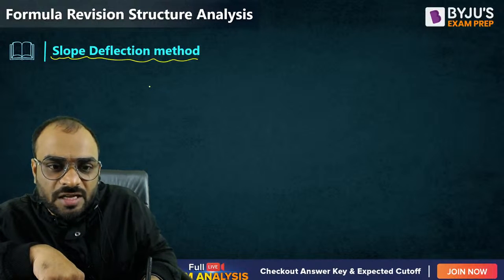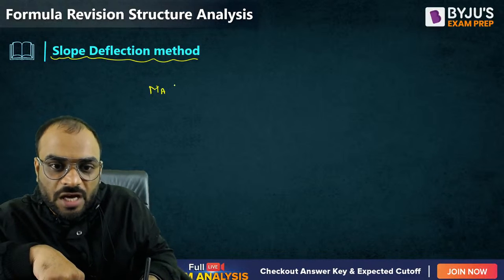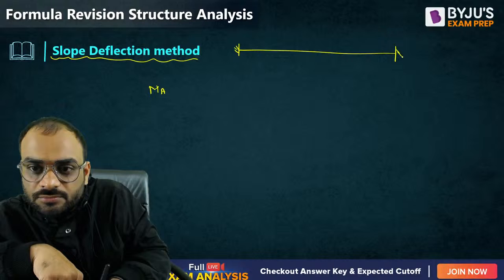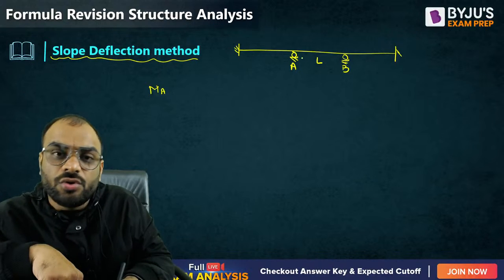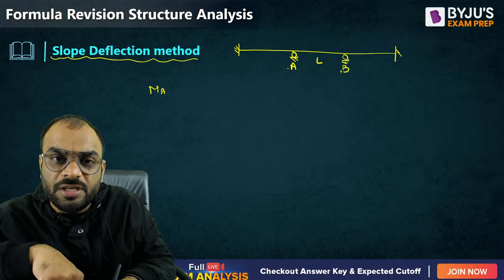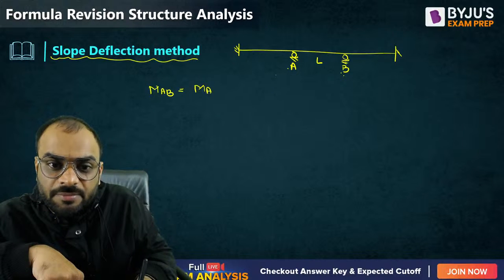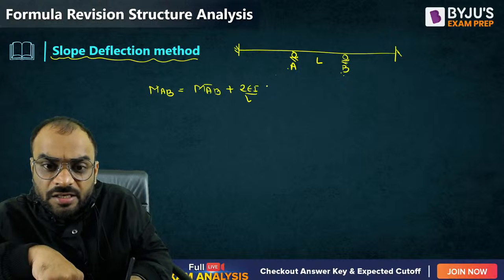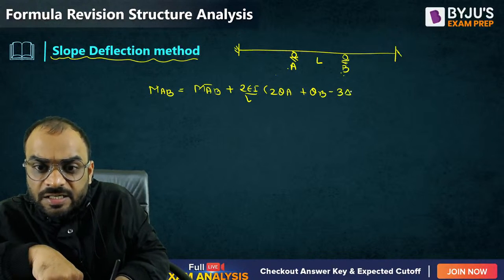Next chapter is basically slope deflection method. In slope deflection method guys, kindly remember the slope deflection equation. Let us suppose you have a member, like this is a ruler, this end is A, this end is B, and this length is L. I want to write down the slope deflection equation for A to B, then B to A. For A to B: MAB bar plus 2EI by L into (2 theta A plus theta B minus 3 delta by L).